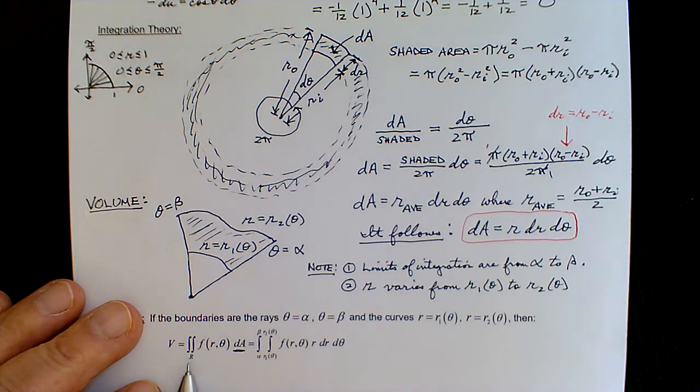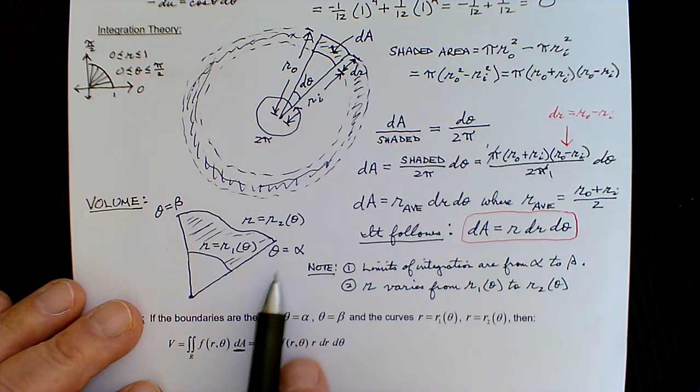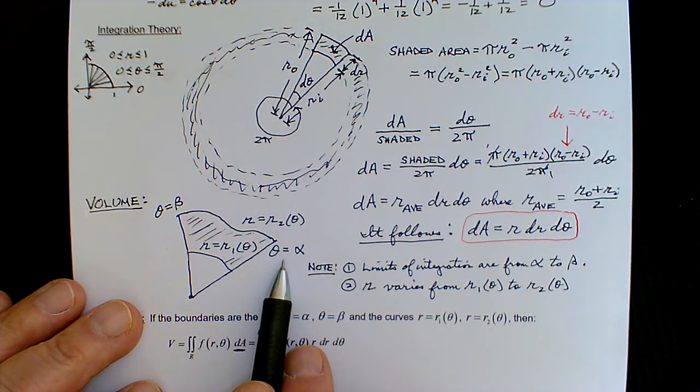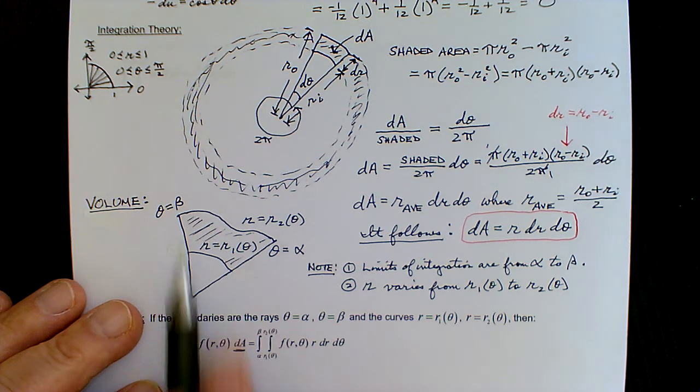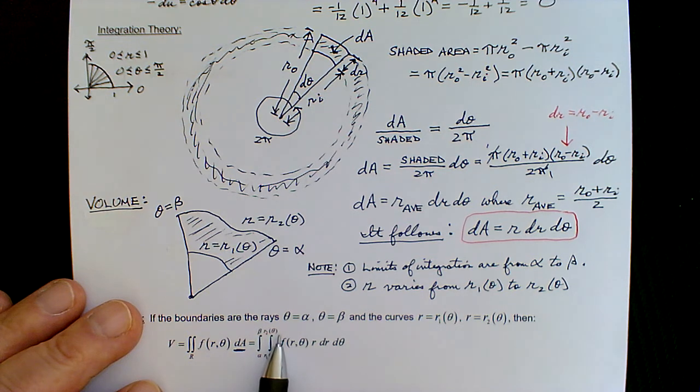So the volume over some region of a function in terms of polar coordinates, with respect to the area of that region, again being r dr d theta. And there's your function, the limits of integration, the radial lines, alpha and beta, and the functions r1 and r2 of theta.